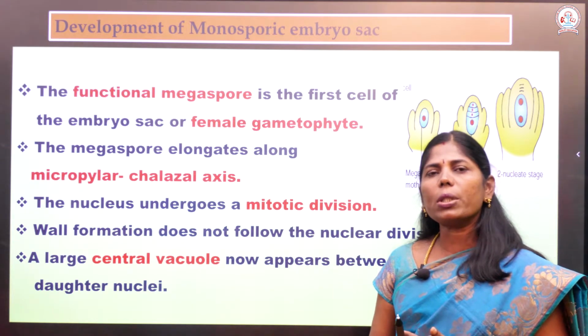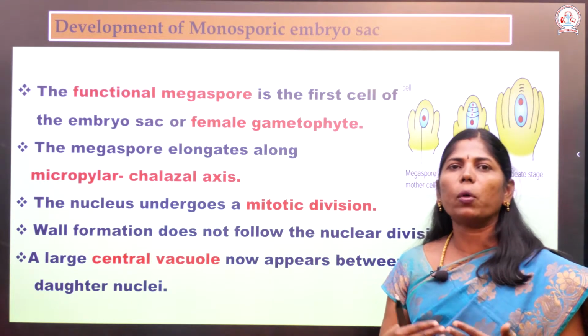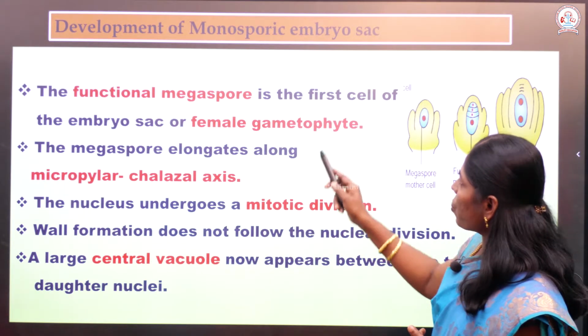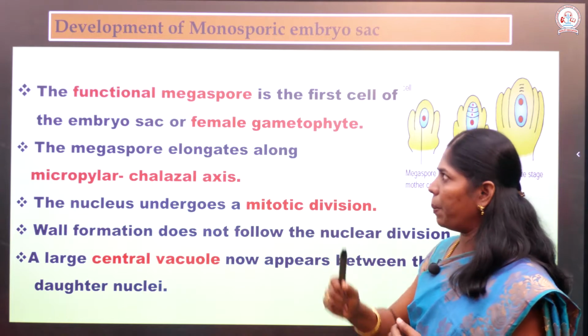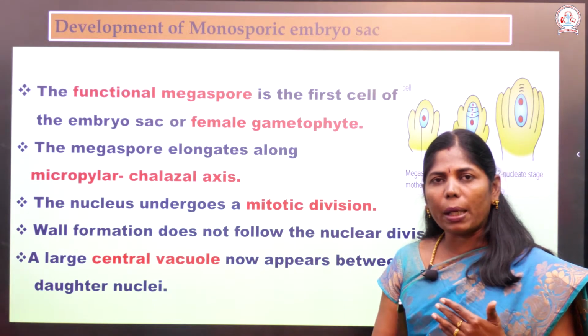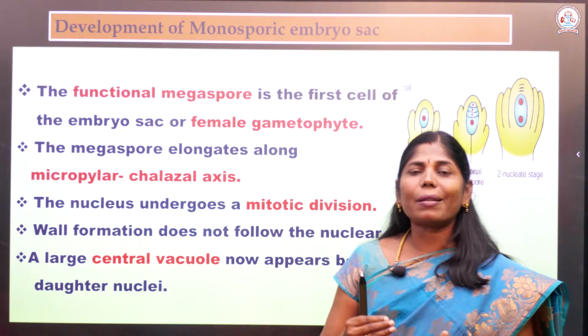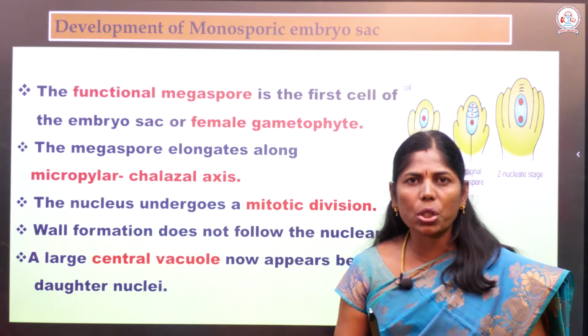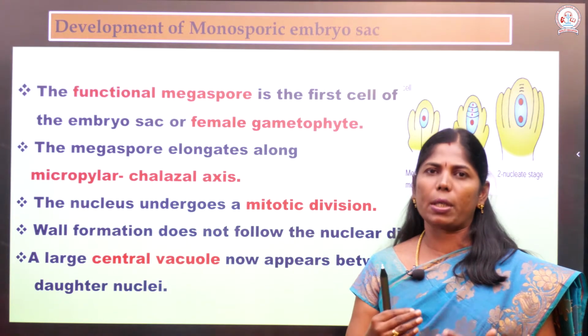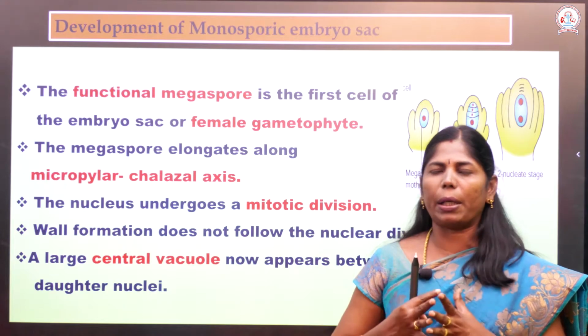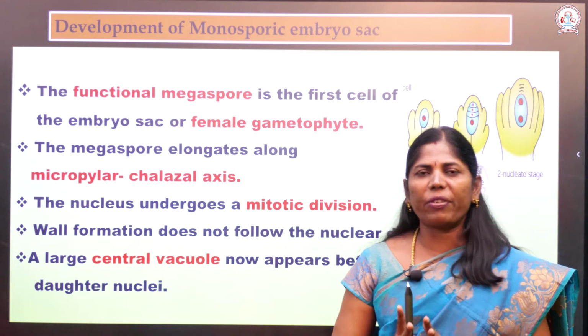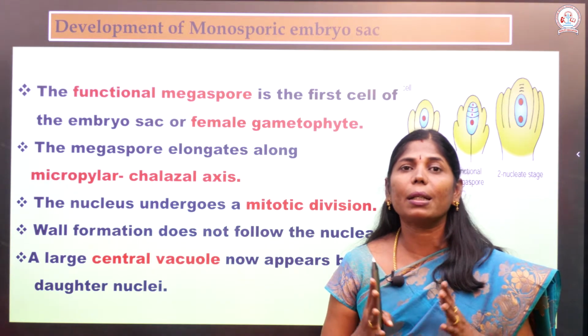The sporogenous cells act as the megaspore mother cells. The functional megaspore is the first cell of the embryo sac. The megaspore mother cell undergoes reduction division, that's meiotic division, to form 4 haploid megaspores. Of the 4 haploid megaspores, only one is the functional megaspore, and the remaining 3 degenerate.